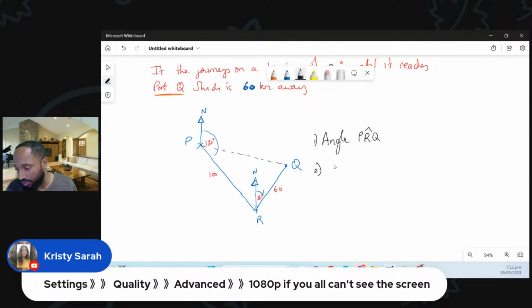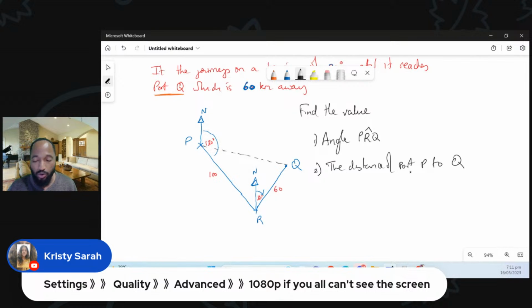And part 2 would obviously be to find the distance of port P to port Q. It's a classic. Chances that this comes in the exam are extremely high. This is the most probable thing to come in question 9, other than circle geometry, of course.